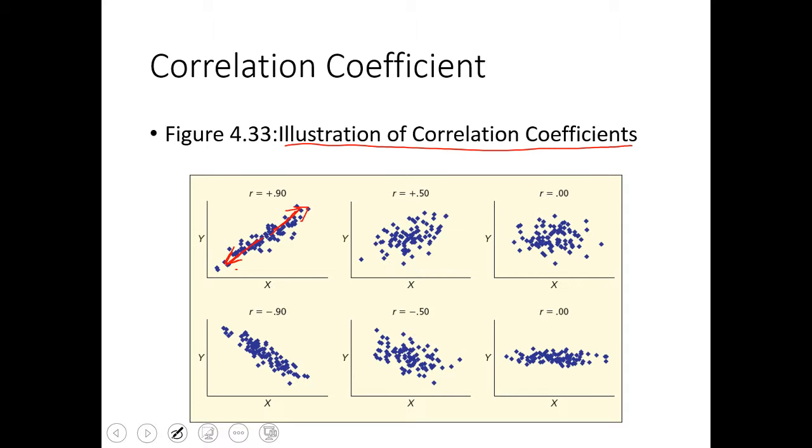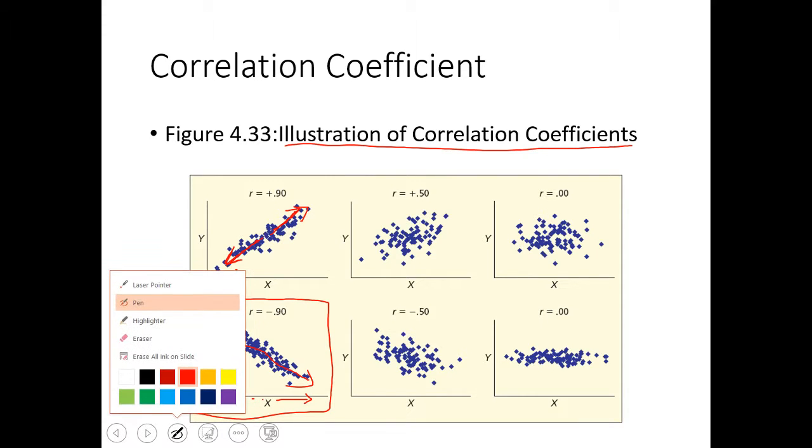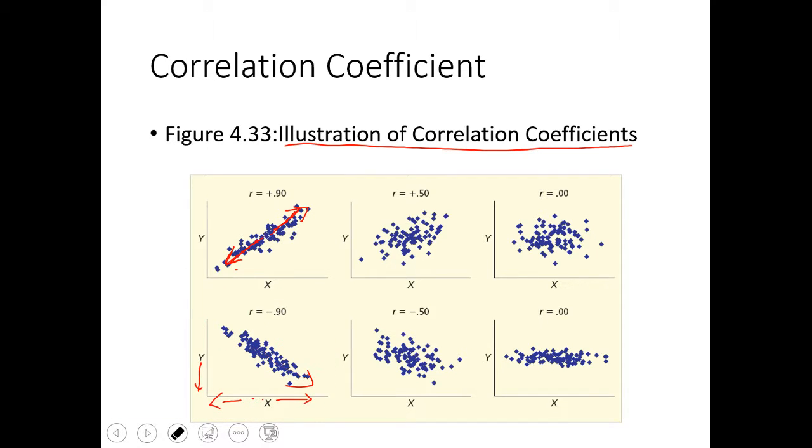But in this case it is different. When x goes up, then y goes down, and we have this direction. When x goes down, then y goes up. So in this case, x and y move oppositely.